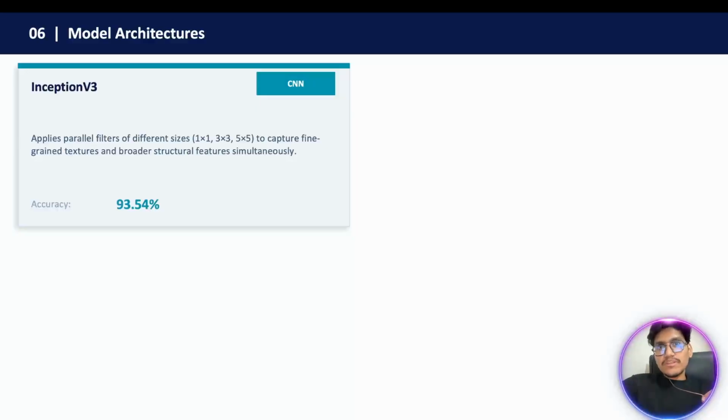Instead of choosing between small filters and large filters, Inception V3 applies multiple filter sizes in parallel, like 1 by 1, 3 by 3, 5 by 5, in the same layer called an inception module. The results are then concatenated together. This allows the model to capture both fine-grained local details and broader structural features at the same time. Its accuracy in this study was 93.54%, Inception V3.